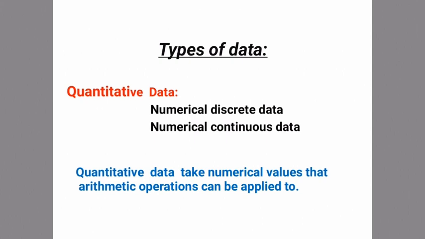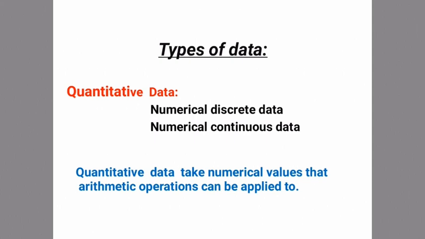No matter the discrete data or the continuous data, they are all marked by exact numerical values, so they are also called numerical data or quantitative data. So quantitative data consists of two types of data: numerical discrete data and numerical continuous data.